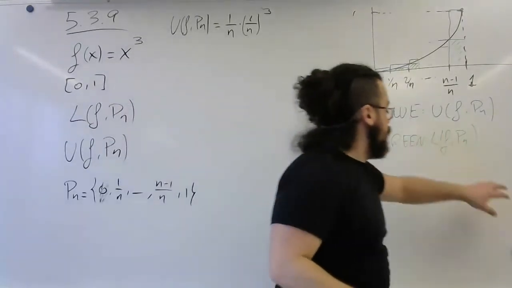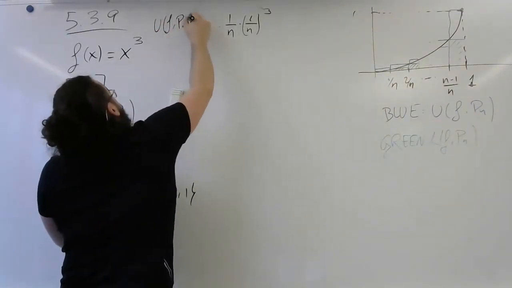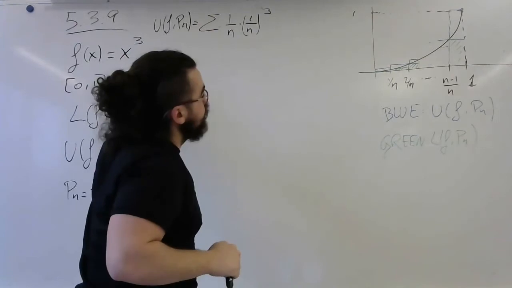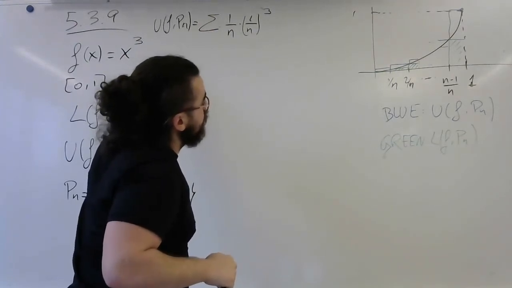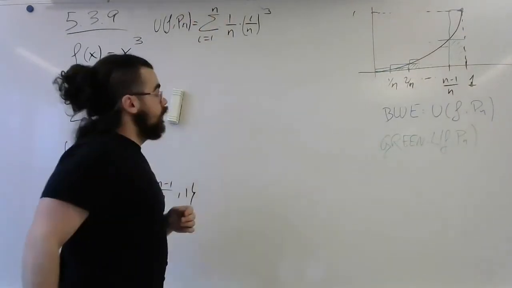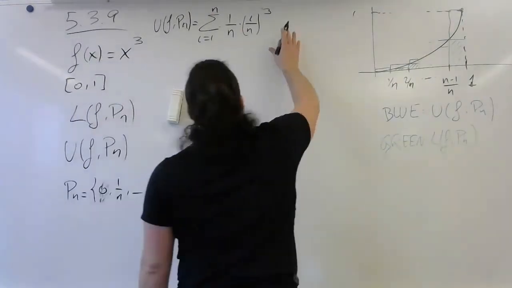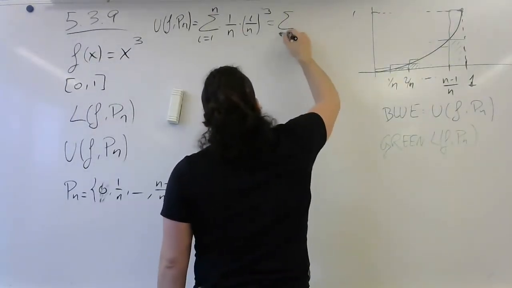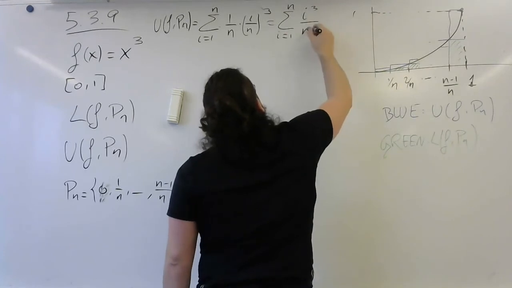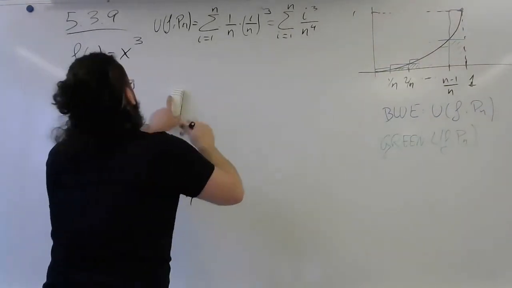And of course, we are summing here, so it's important to notice, from 1 to n, because we have n partitions, n rectangles. That thing right there.